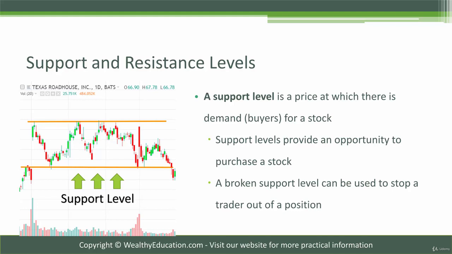A broken support level can be used as a stop to stop a trader out of a position, and it can also be used to initiate a short position. So let's say you own a stock that you've purchased at $47 and it trades down to $45 and rises back up to say $48, but you're looking to sell a stock at say $55.